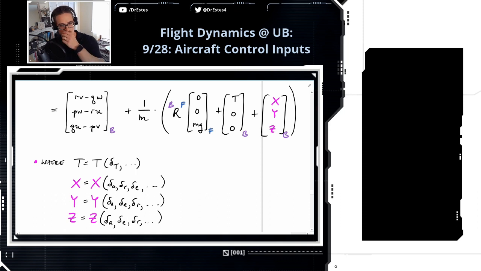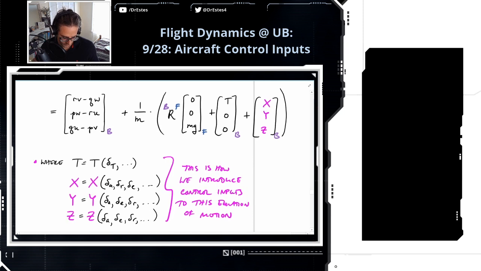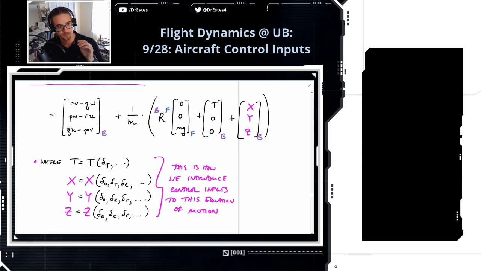So this is how we introduce control inputs to this equation of motion. So that's our translational equation of motion.